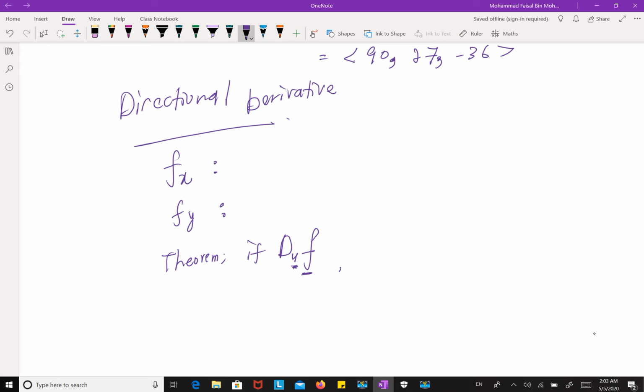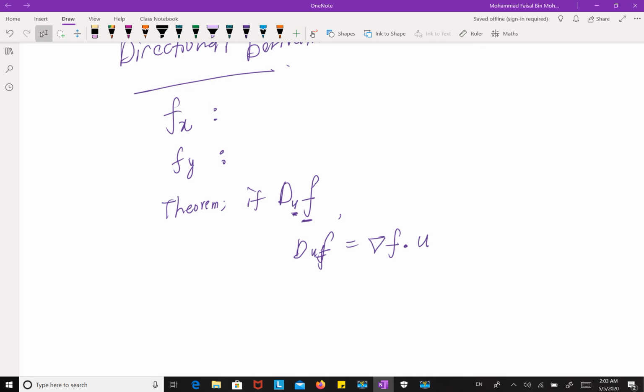So then we can write D_u f, big F, u is small, as gradient f dot the unit vector u. D_u f denotes the directional derivative of f in the direction of the unit vector u. I just put phi as a dummy variable.